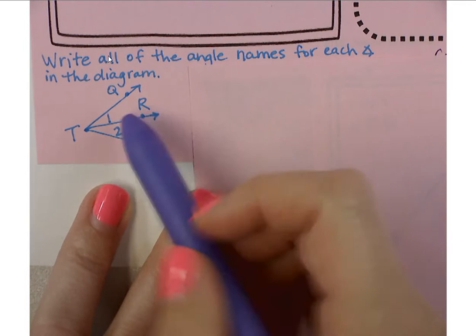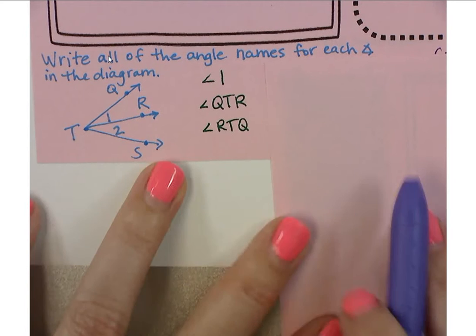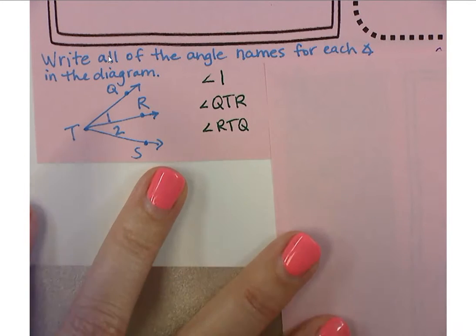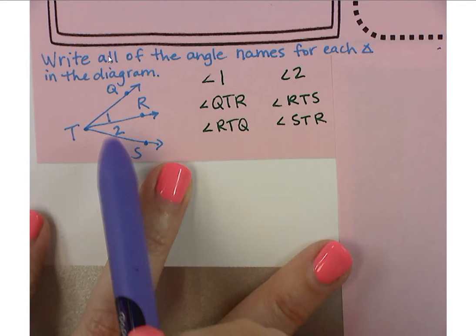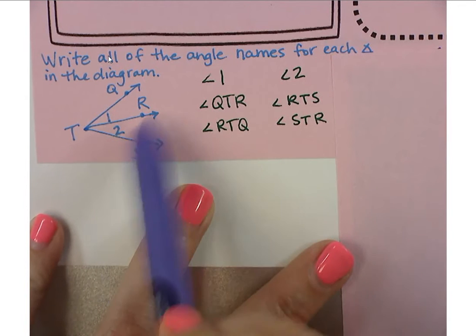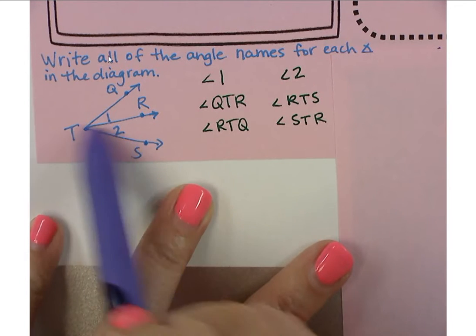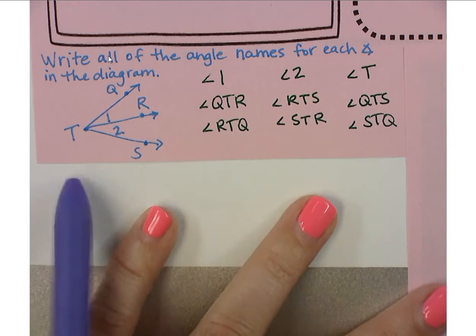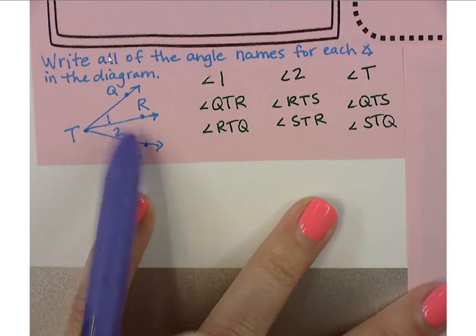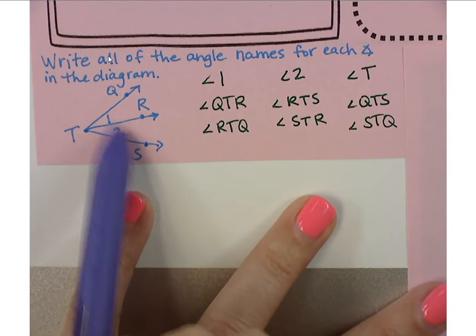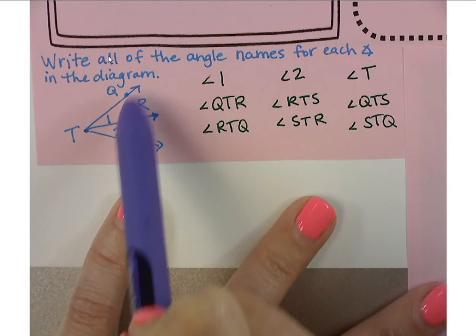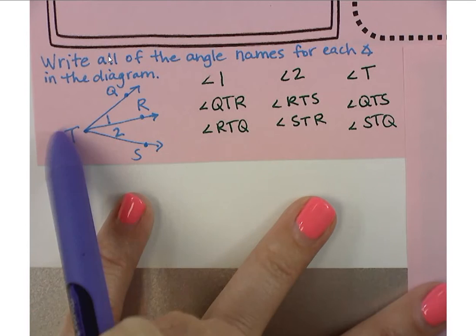So if we're just looking at angle 1, we could call it angle 1, angle QTR, or RTQ. If we're looking at angle 2, we could call it angle 2, RTS, or STR. And then the last angle, we could call angle T. We don't want to call one of these angle T because then that's unclear. Angle T is going to be that whole angle, which we can also call QTS or STQ.